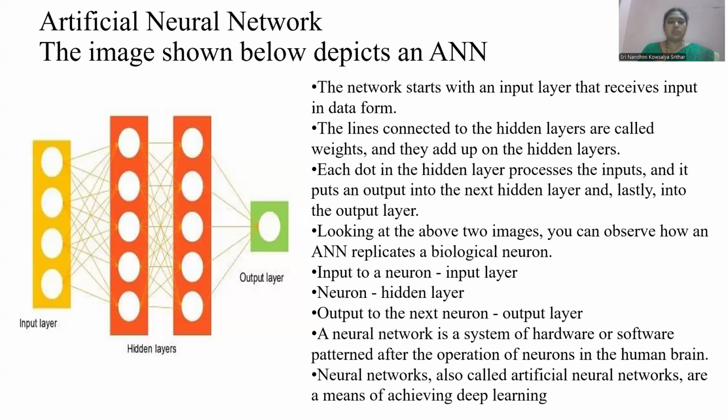Then the hidden layers process the input and put the output into the next hidden layer. Then at last the output layer combines the processed outputs and gives the output of the particular process.